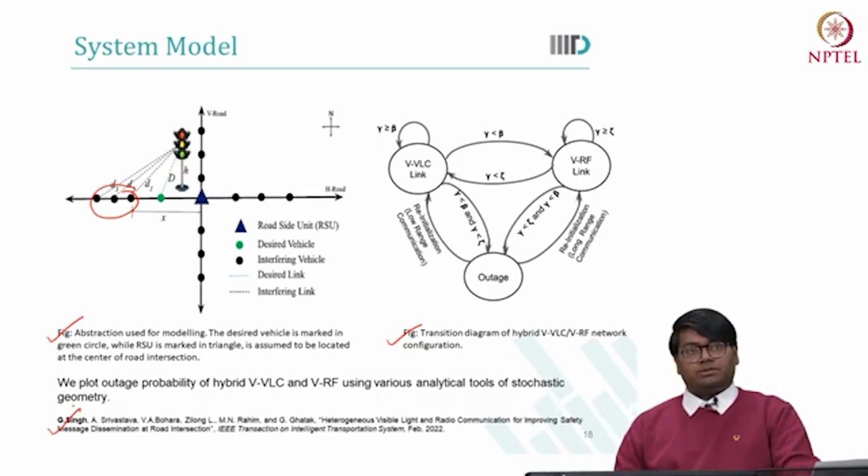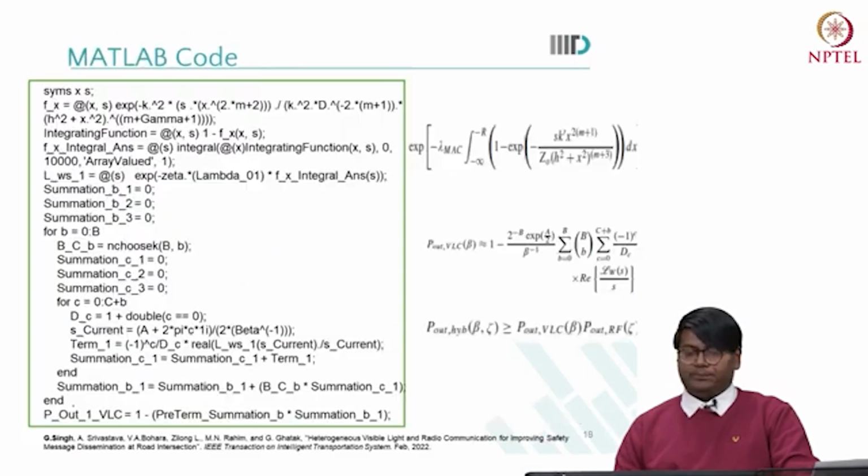Now, we plot the outage probability of hybrid vehicular VLC and vehicular RF using various analytical tools of stochastic geometry. This is our MATLAB code to calculate the outage probability associated with the vehicular VLC.